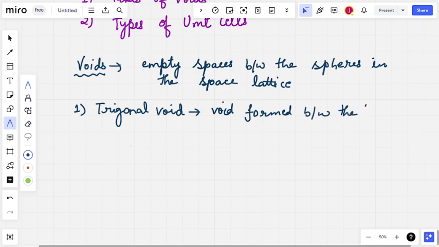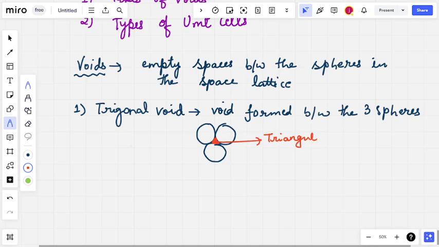One sphere is this, the second sphere is this, and the third sphere is this. So we have the triangular void over here. This is the triangular or trigonal void.